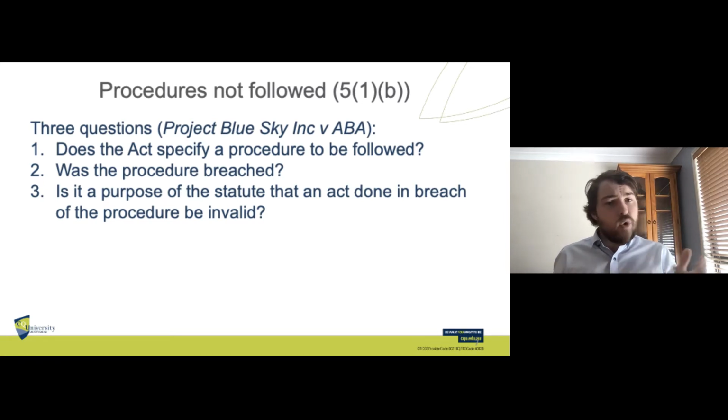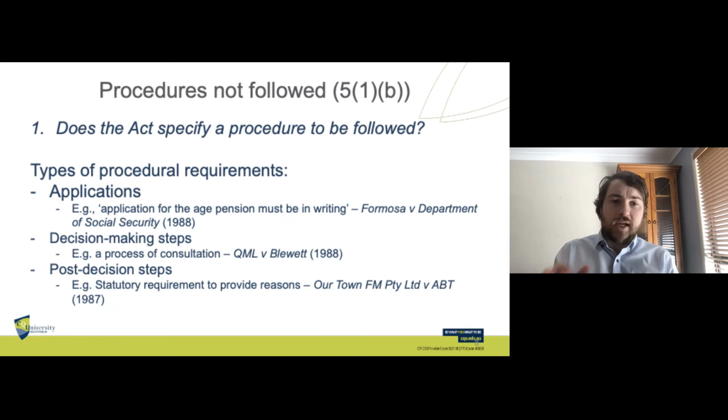So not all breaches of procedure will necessarily invalidate the decision. So we need to work out, based on the statute as a whole, whether failing to follow the procedure should invalidate that decision.